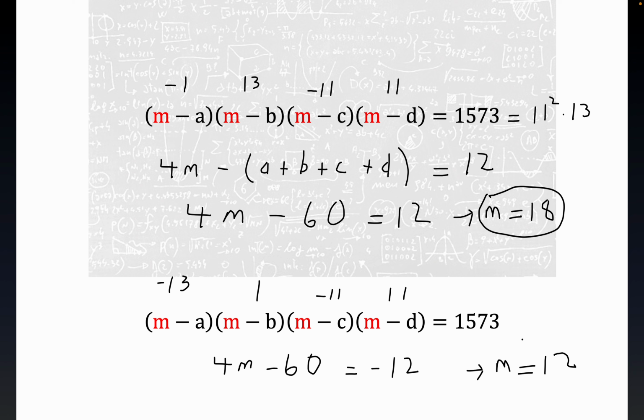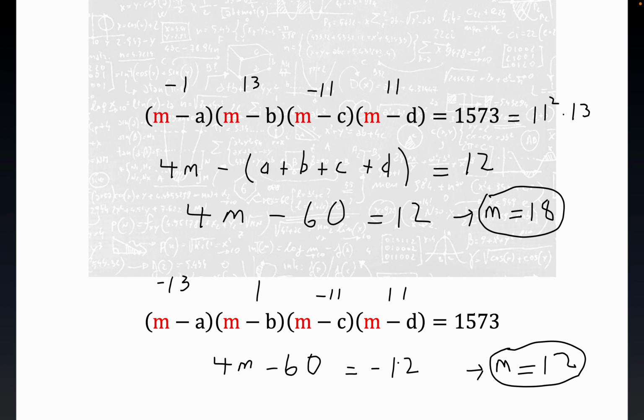I wouldn't call this a rigorous proof, but since this thing is sort of a symmetric expression, these would be the only distinct arrangements of these factors 11, 13, and 1, and then, of course, the minus signs. All right, so let me know what you think. I think I've gotten all the solutions here, but I got m equals 18 and m equals 12 for the two solutions.